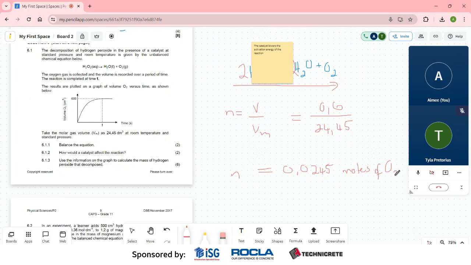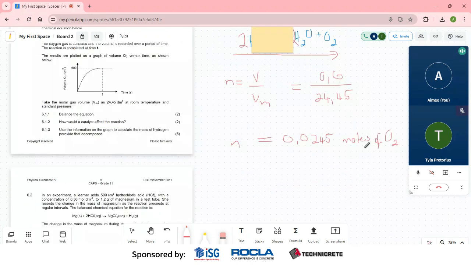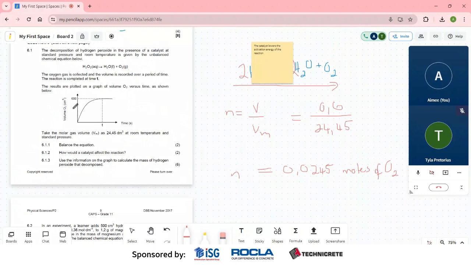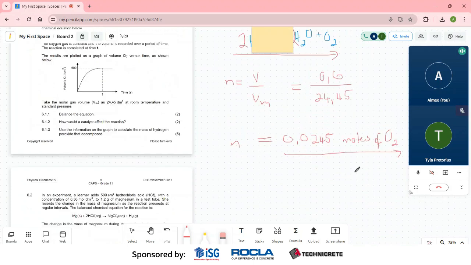So now we say to ourselves, okay, that's how much oxygen was formed, because hydrogen peroxide is being decomposed into water and oxygen. So this is how many moles of O2 were formed.